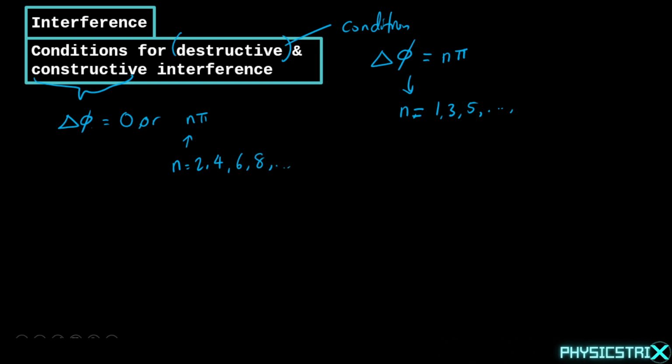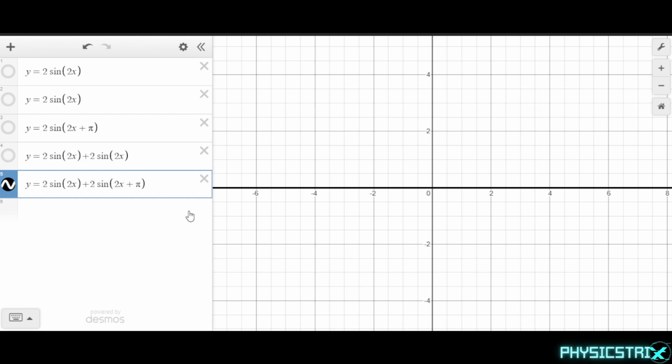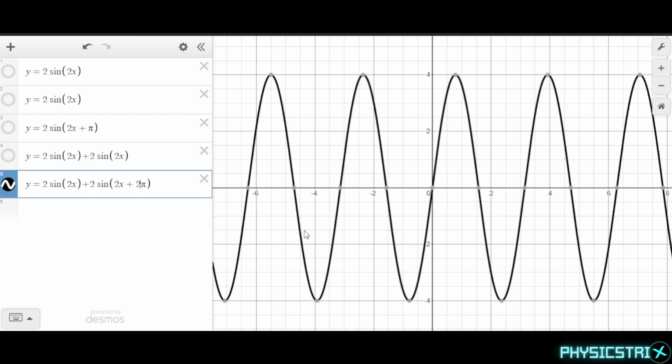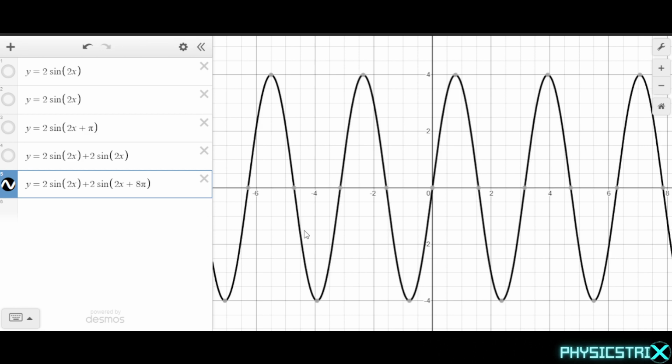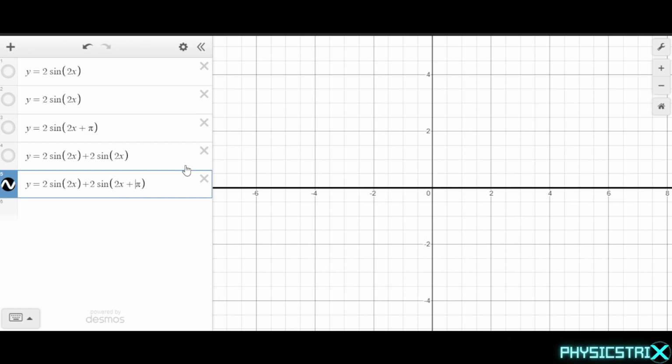Again, we can test that out just for demonstration purposes. So 2, 4, 6, 8, 10. As long as they're even numbers, then we will have constructive interference.